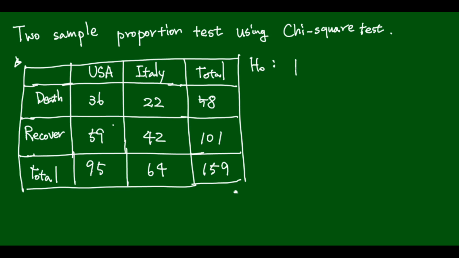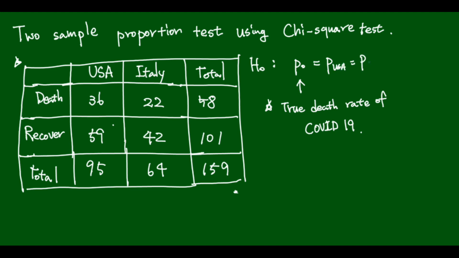So let's say we have the true death rate of COVID-19, and we don't know what it is, but we're assuming that the death rate of COVID-19 in USA and Italy are the same.